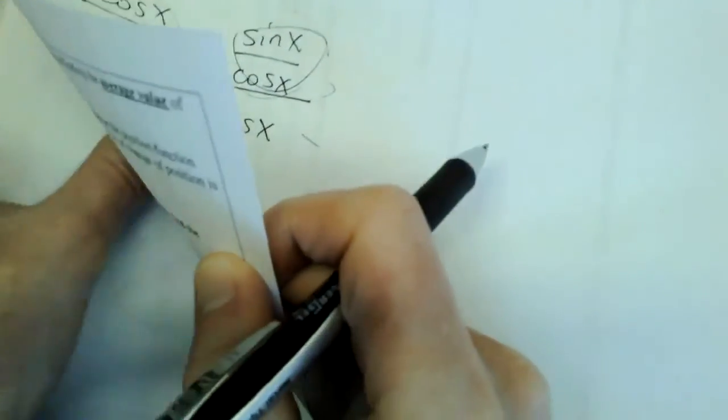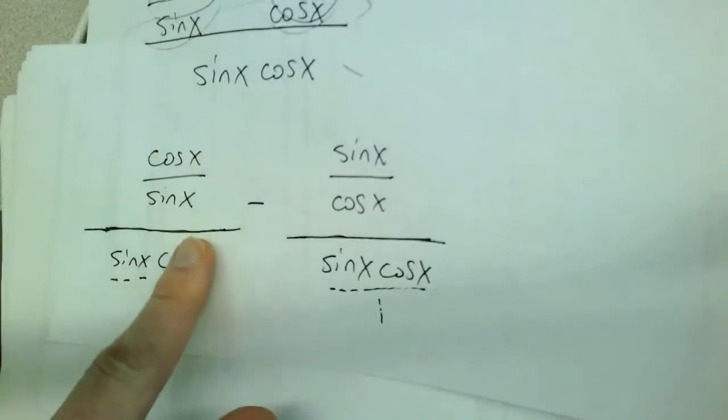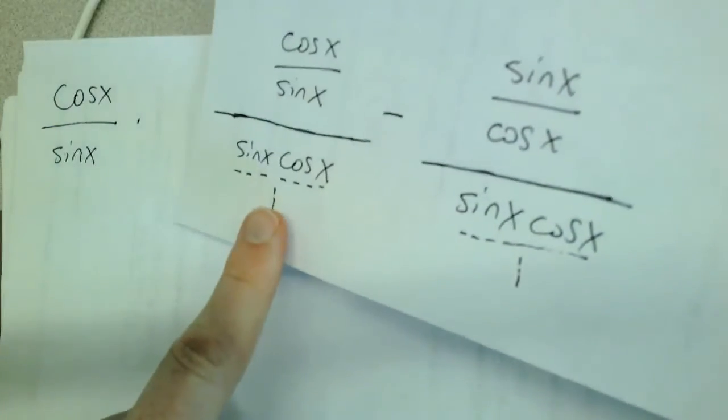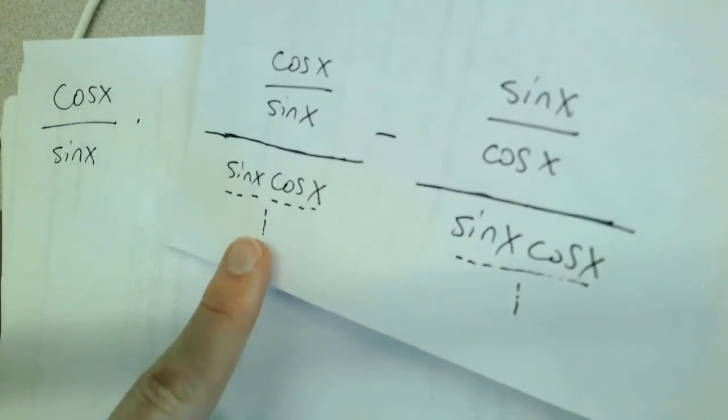Okay, so I'm going to keep it, change it, flip it now. This first guy is going to be cosine x over sine x times the reciprocal of this bottom one, so 1 over sine x cosine x.